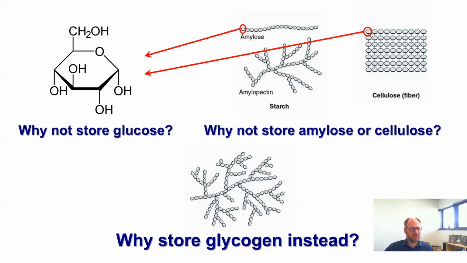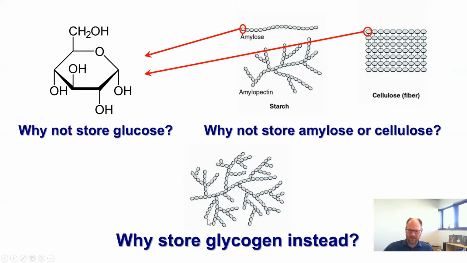And then why do we store it in this branched form? Well, this has a lot to do with how we degrade glycogen, and we'll talk about this in more detail in a minute. But we actually degrade it from the ends backwards. From these far ends, we chew it up. So if we were to store it as amylose instead of as glycogen, then the rate at which you could break down and mobilize glucose molecules would be driven by the enzymatic rate of the enzyme.